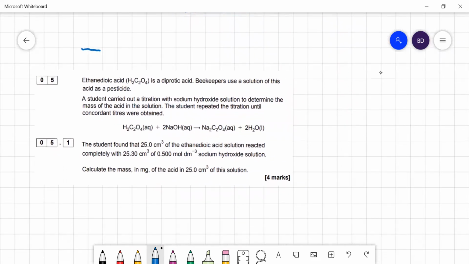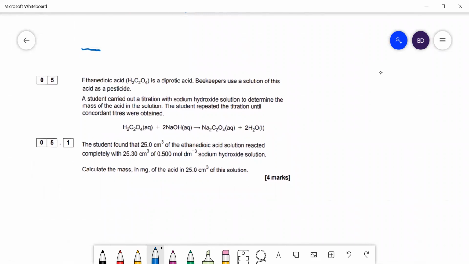Okay, a titration question here. Ethane dioic acid is a diprotic acid. A student carried out a titration with sodium hydroxide to determine the mass of acid in the solution. The student repeated until he got concordant titers. So you've got 25 centimeters cubed of ethane dioic acid. It reacted with this much sodium hydroxide. So let's work out the moles of sodium hydroxide.